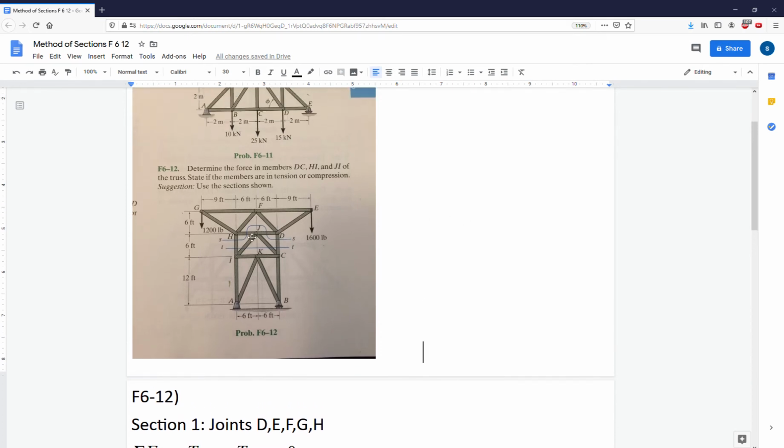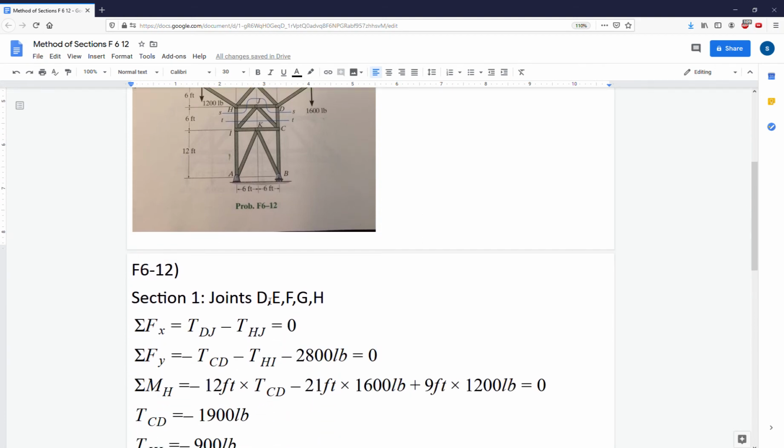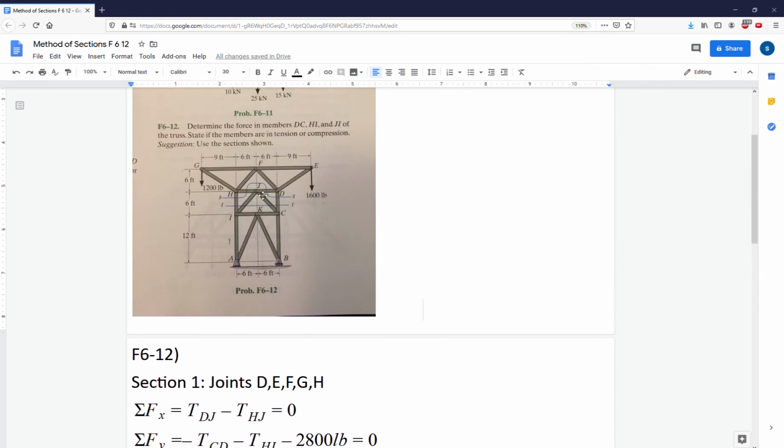Furthermore, in the X direction, these two members are the only forces. The load forces are straight down, and there are no reaction forces on this top subsection. So our sum of forces in the X direction becomes TDJ minus THJ equals 0.